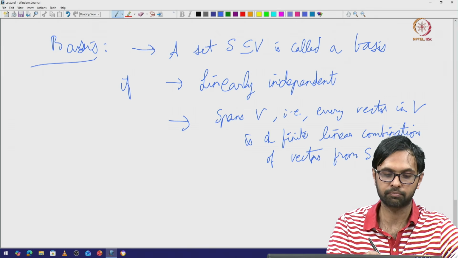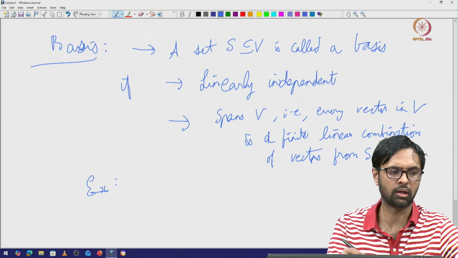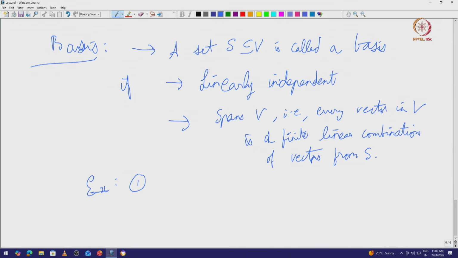For example, here is a rather silly example. If you take the usual standard vectors (1, 0, 0, ...), (0, 1, 0, ...), and so on, these are n vectors in Rn.